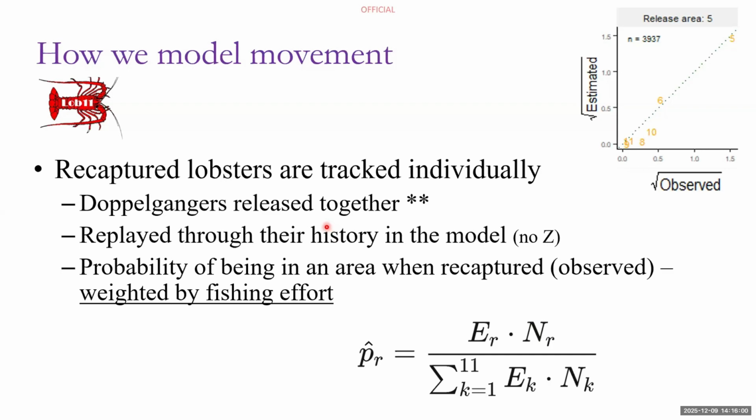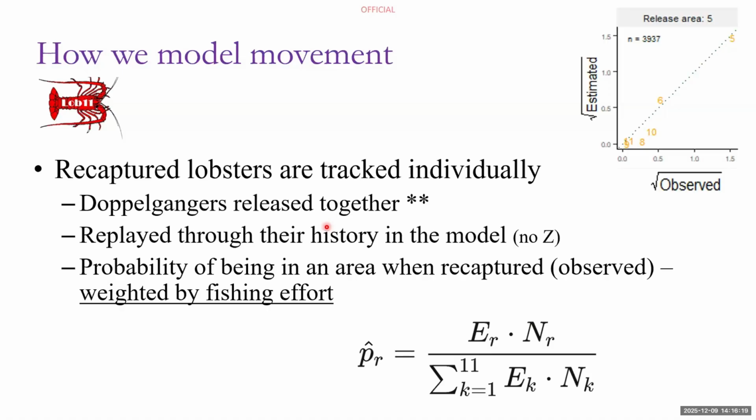And in these two models I'm presenting here, our focus was more on using the tag capture data to inform the model of movement, and not so much in biomass, for simplicity reasons, essentially.